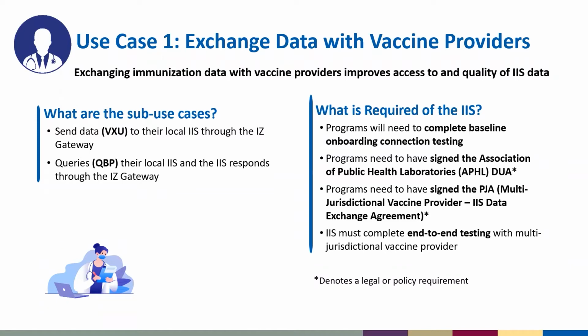The majority of jurisdictions have signed this. And then the third bullet here is the PJA, or multi-jurisdictional vaccine provider to IIS data exchange agreement. This agreement went out on January 14th, so just ensure you did receive that. And if not, feel free to reach out to us or the IZ Gateway at the cdc.gov email.